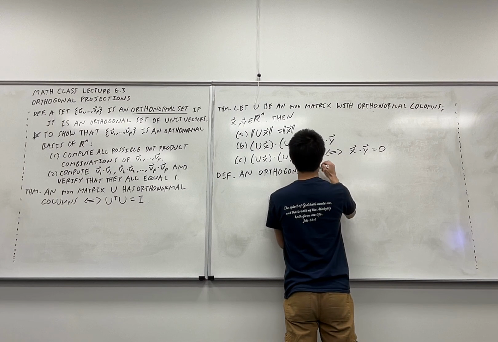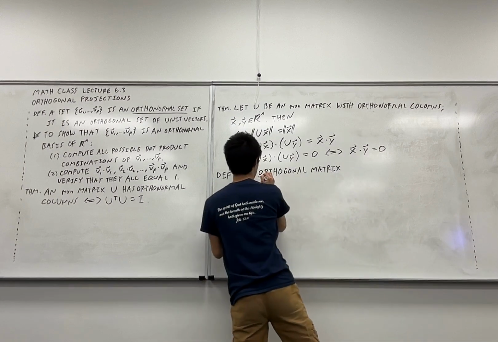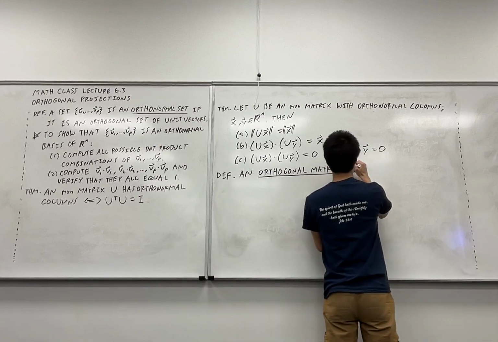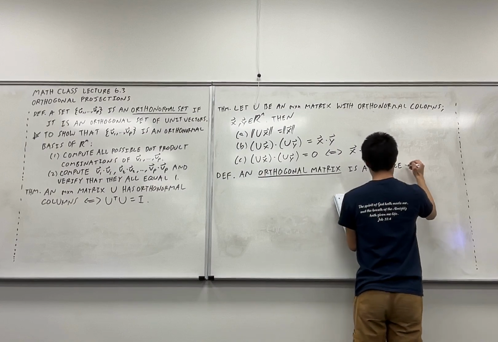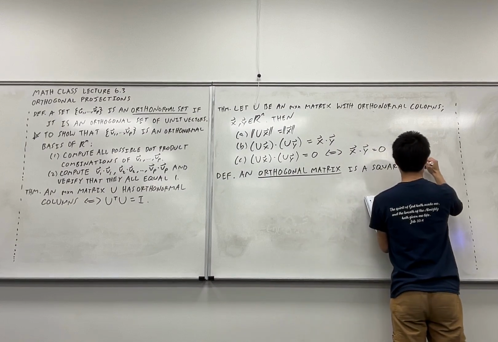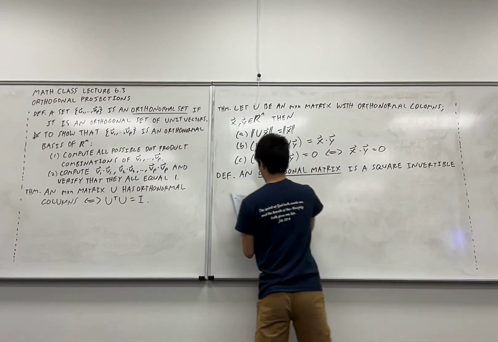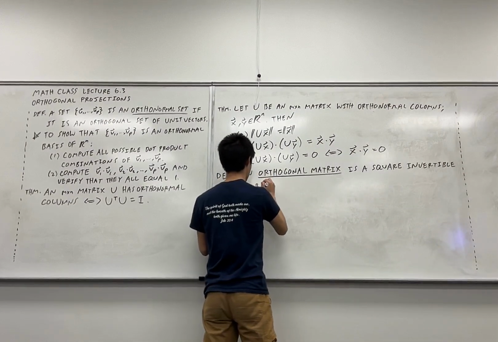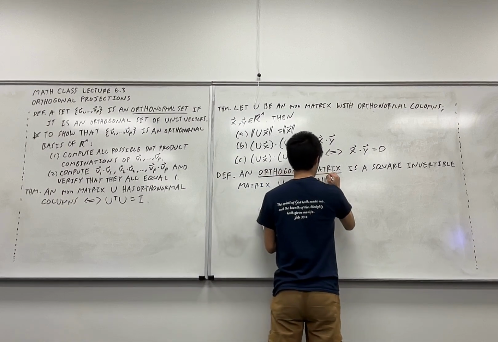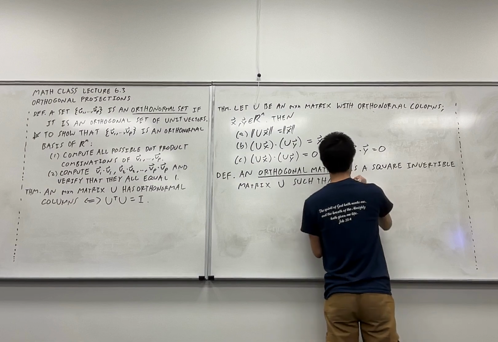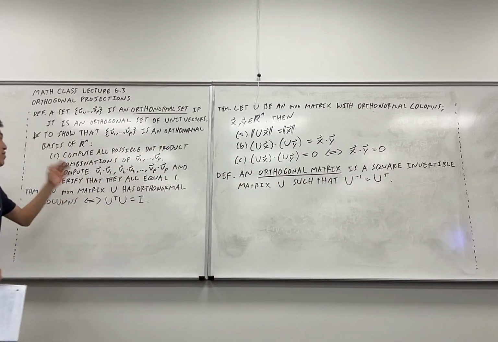An orthogonal matrix is a square invertible matrix U such that the inverse of U corresponds to its own transpose. Okay, so basically the very thing that we've been talking about.